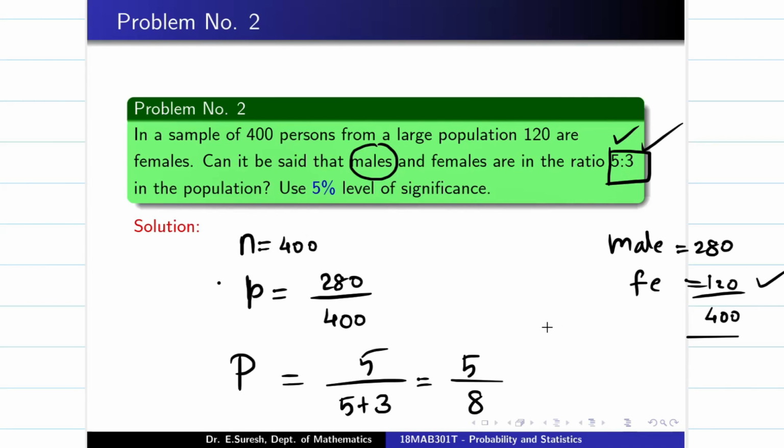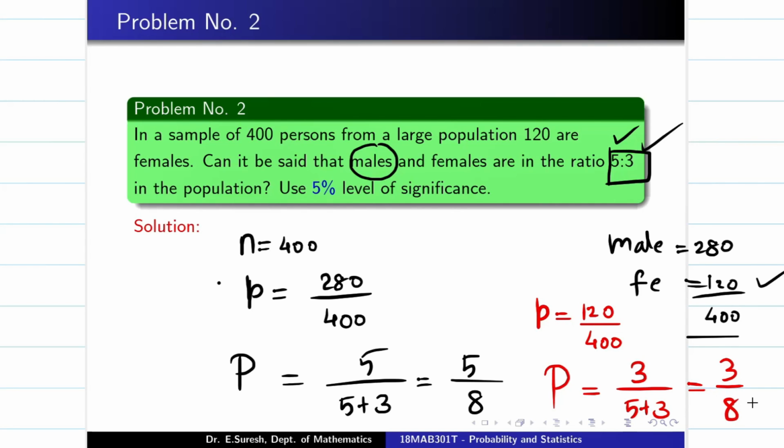Suppose you are taking female, then my small p is 120/400 and capital P is 3/(5 plus 3). Both are the same, guys. Whatever you like, you can take. It is not a big deal.